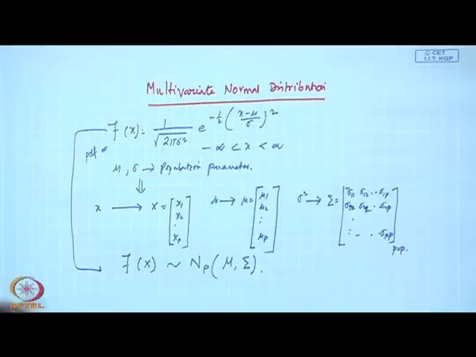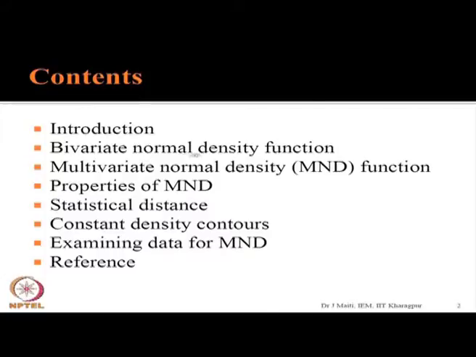How do we go about it and how to do it, that is the discussion today. So, today we will discuss bivariate normal density function, multivariate normal density function and properties of multivariate normal density function, and if time permits we will go for statistical distance and constant density contours.